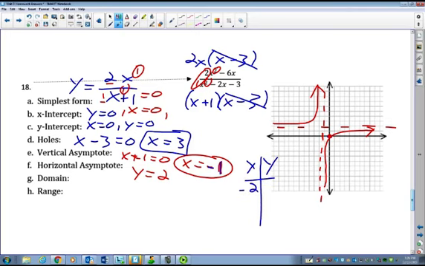So if we plug back into the original equation, everywhere we see an x, we plug in a negative 2 over x plus 1, or negative 2 plus 1. We get, whoa, that's weird. Oh, 2 with the negative 2 is a negative 4. Cool. And the negative 2 with the positive 1 is a negative 1. Right?